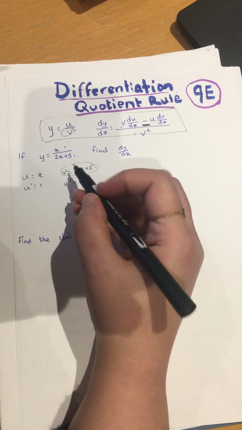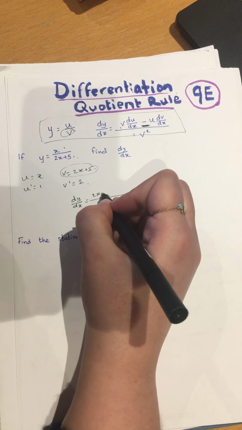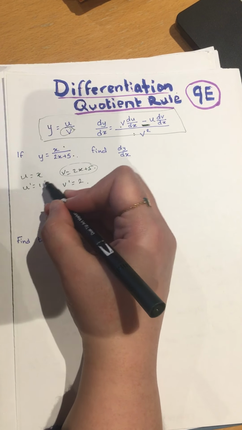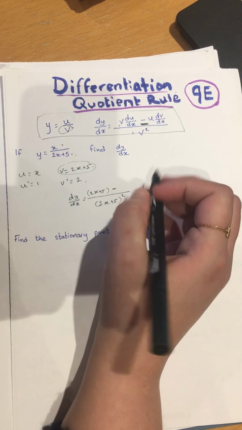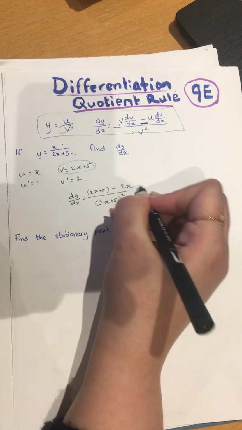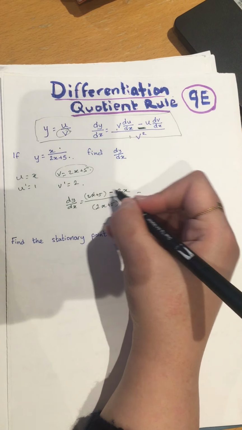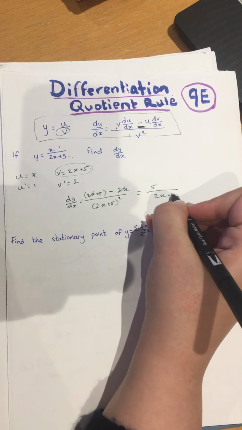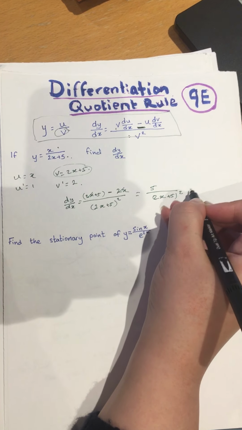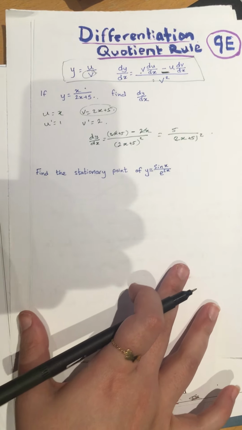And then I have to begin with v, so that's 2x plus 5 times u dash, which is just 1, take away u times v dash, so that's 2x. I tidy this up, these two cancel out, I'm left with 5 over (2x plus 5) all to the power 2.